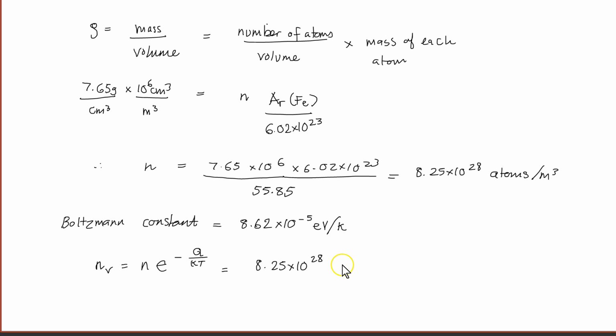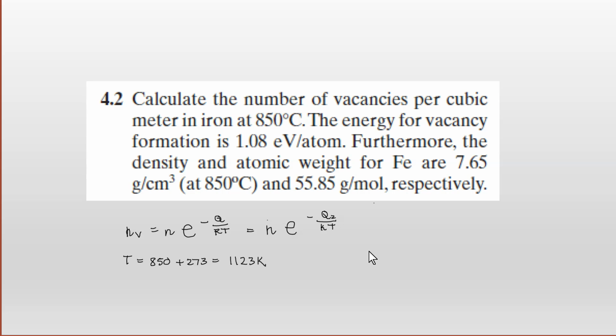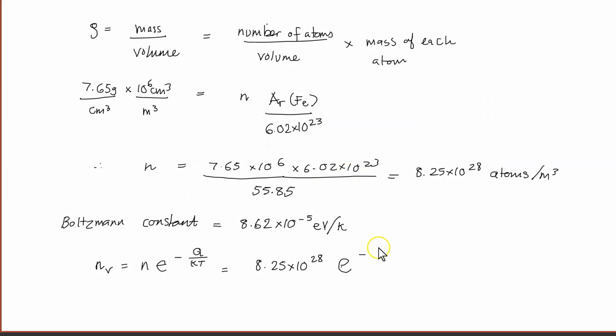We're going to multiply that by E, E to the minus Q. Q is 1.08 electron volts per atom. And this is the Boltzmann constant here.